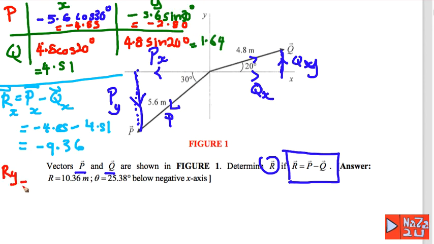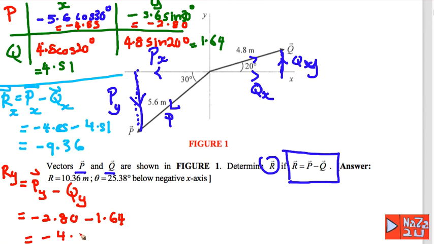Same process for Ry. Ry is equal to Py minus Qy, equal to minus 2.80 minus 1.64, which is equal to minus 4.44. So this is Rx and this is Ry.